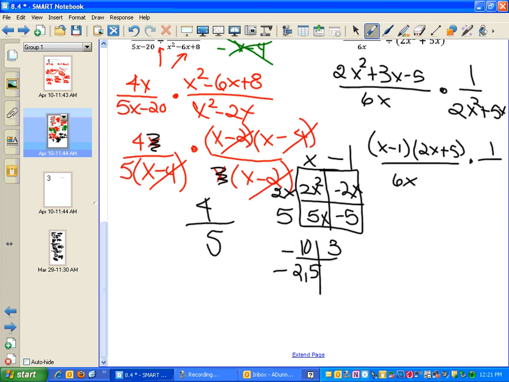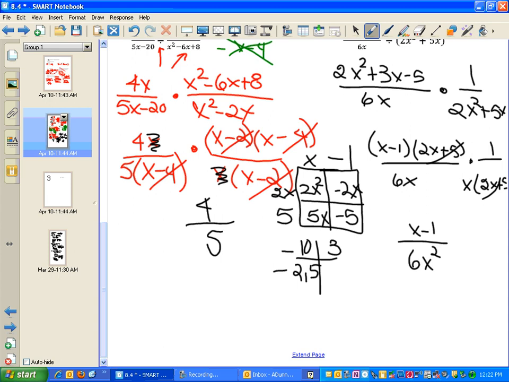And what does this become? Yeah, so what cancels? Top I'm left with. And down below? 6x squared. So 6x times x is 6x squared. How do we do it?